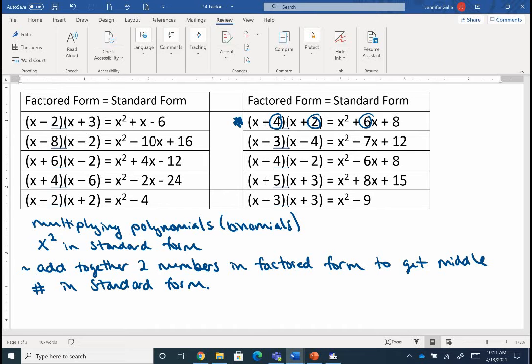So let's see. So for example, in this top one, if I add together the two numbers in factored form, so if I add together -2 and 3, there's really a 1 for that middle term, right? Is -2 plus 3 equal 1? Yeah. Does -8 plus -2 give us -10? What do you guys think?